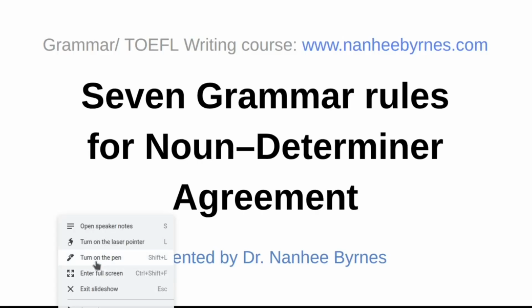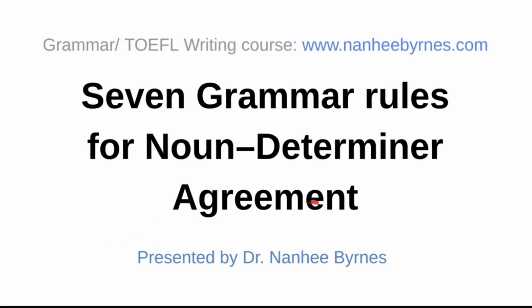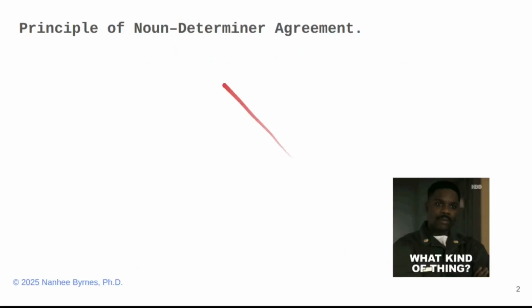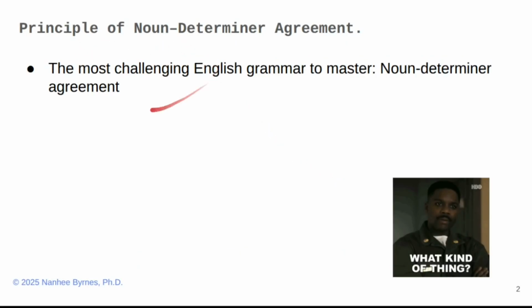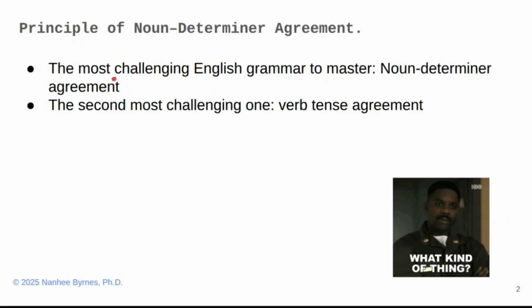Today we're going to tackle one of the most challenging, but also one of the most important grammar principles in English, the Principle of Noun Determiner Agreement. Now, when students struggle with English grammar, their difficulties usually come from two areas: using verbs correctly and using nouns correctly. With verbs, the key question is when.